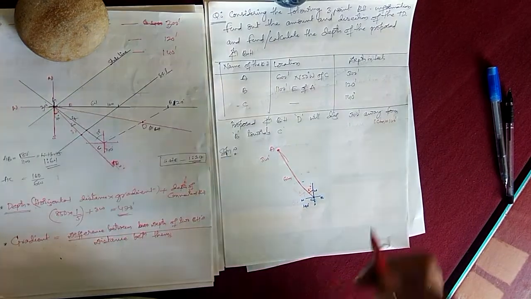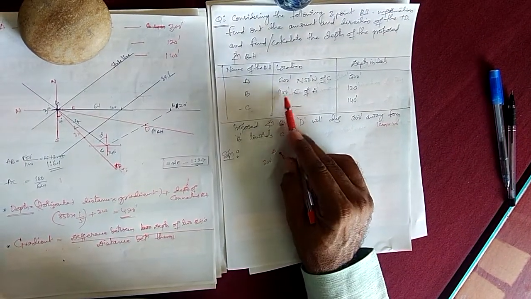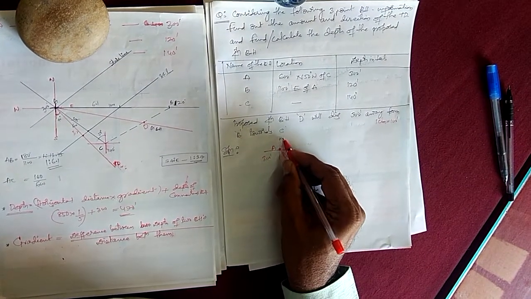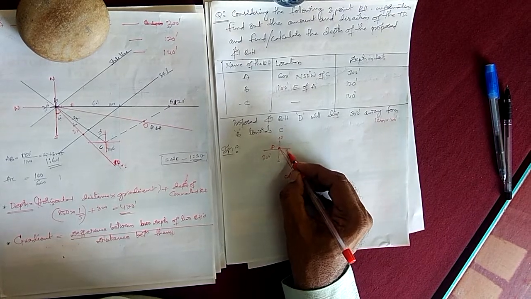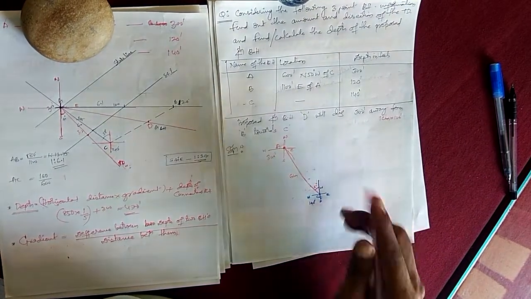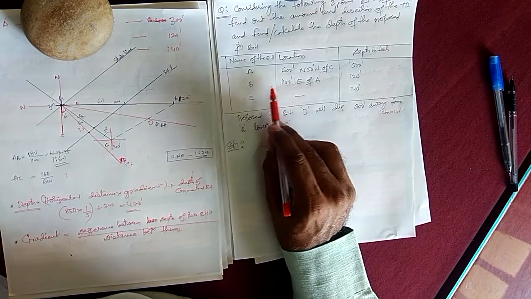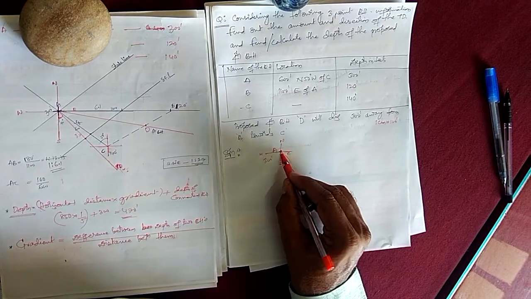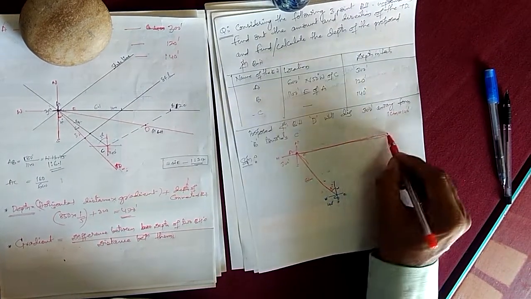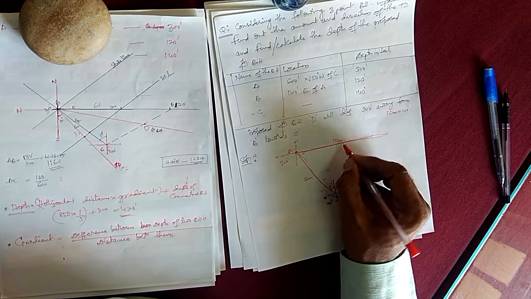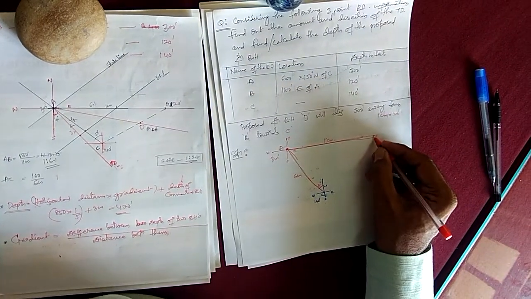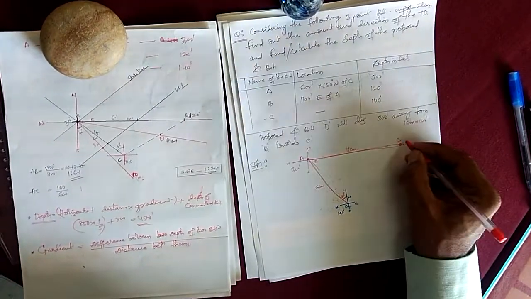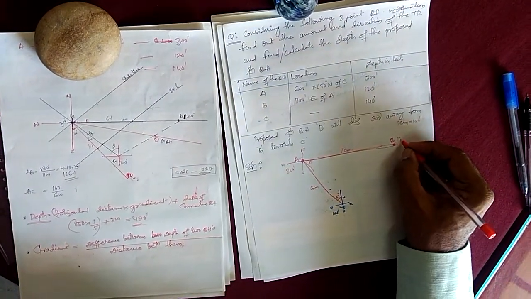Another piece of information: B is 1100 feet east of A. Once again, this is north, south, east and west. You draw a line towards east, 1100 feet east of A. It is 11 centimeters away from A. This is B, and the depth is 120 feet.